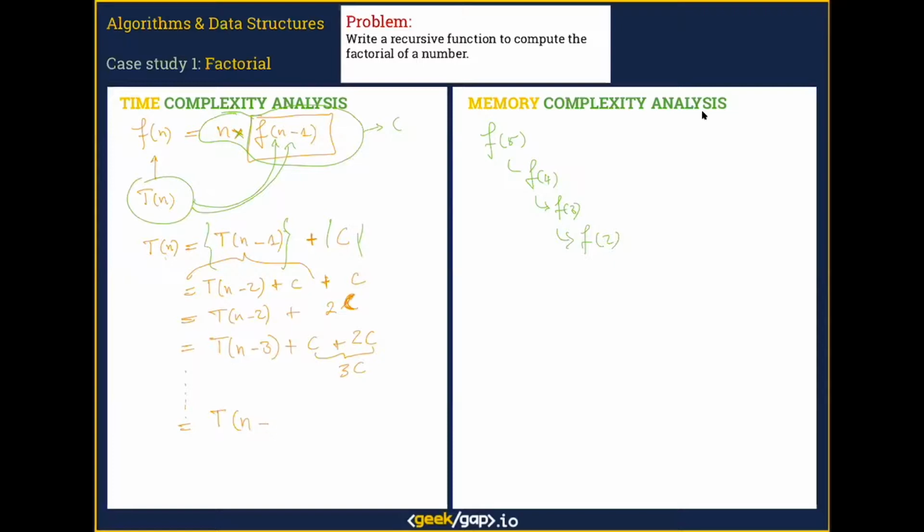I'm going to reach t of 0, which is really t of n minus n, plus, if I follow the pattern, nc. So it's going to be t of 0 plus nc. And t of 0 could be another constant that we can call d.